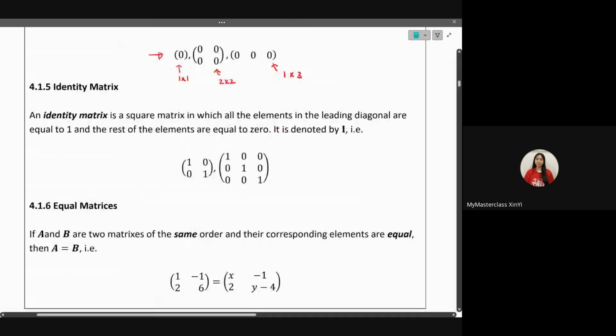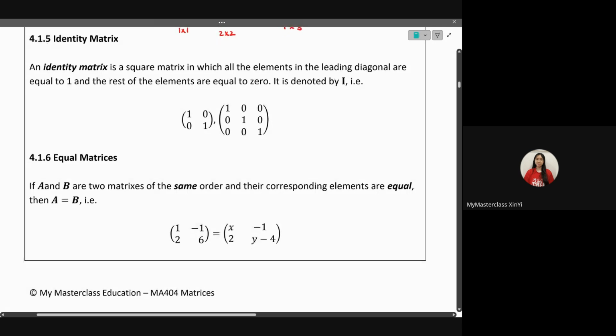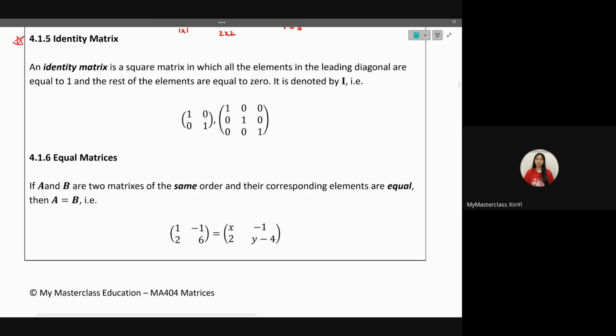Next, this is an important one, identity matrix. The first thing about an identity matrix that we have to know is it must be a square matrix. That's the first condition.